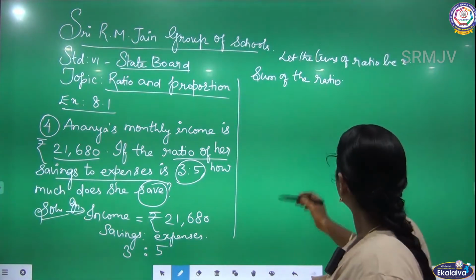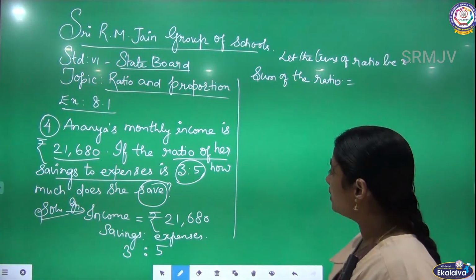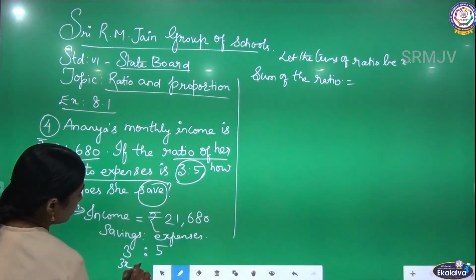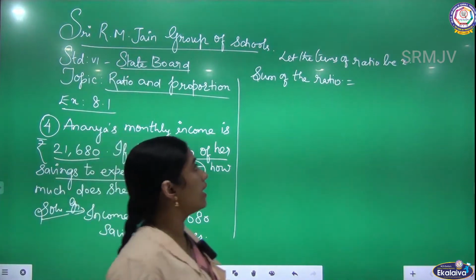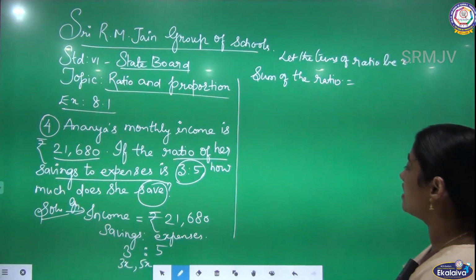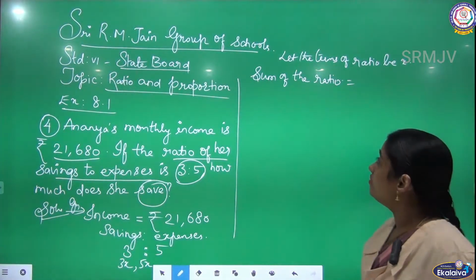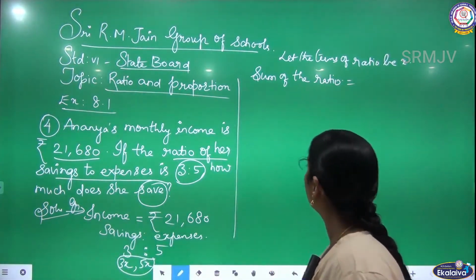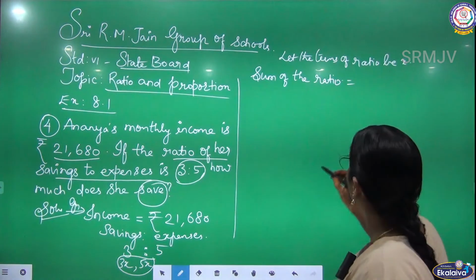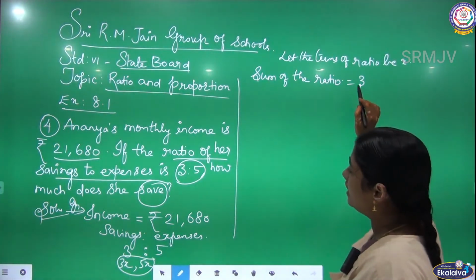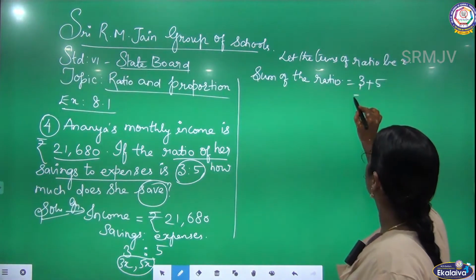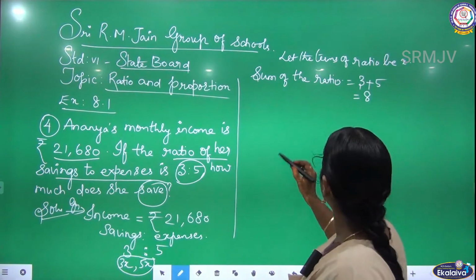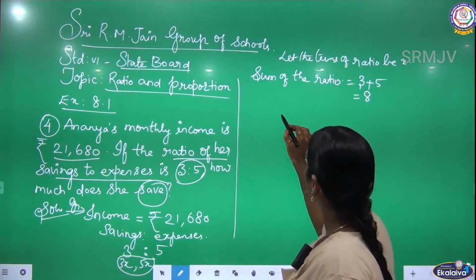So savings is 3x, comma, and expense is 5x. Got it? Now the sum of the ratio, what is that? 3 plus 5, which is 8.